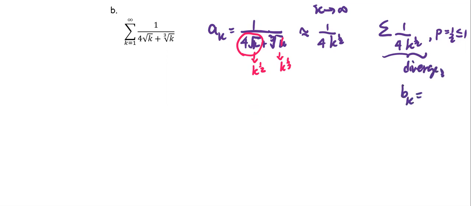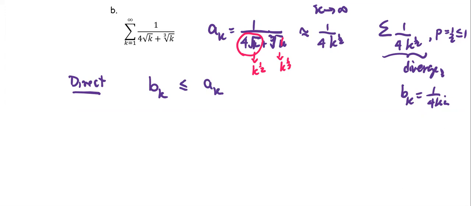For b_k equals 1 over 4 k to the 1/2, it's more convenient to use the limit comparison test because we do not have to worry about the truth of the inequality of a_k and b_k. But if we want to use the direct comparison test, we can do that as well. To compare with the divergent series, the divergent series term will be on the left, less than or equal to the a_k term on the right hand side.